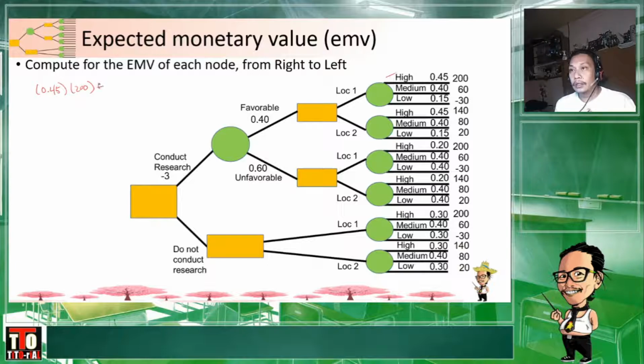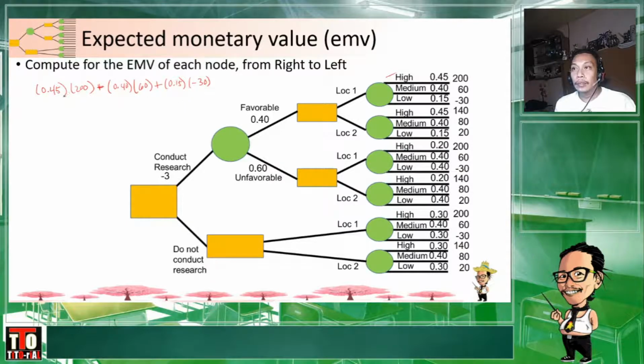So, plus the probability of medium, which is 0.40 times 60,000, plus the probability of 0.15 times the payoff of negative 30,000.